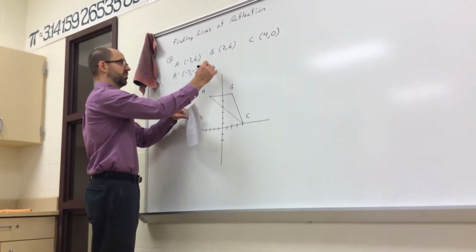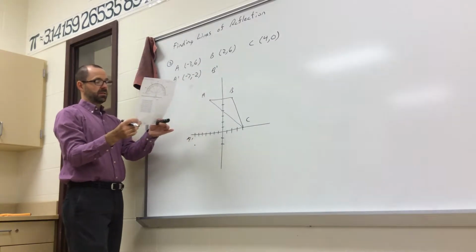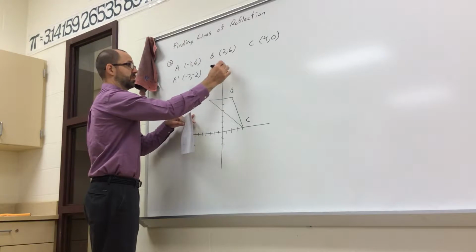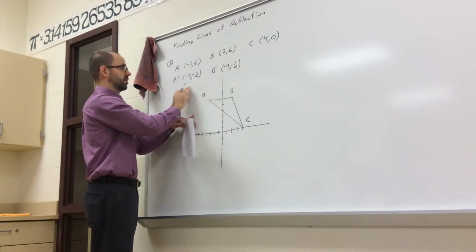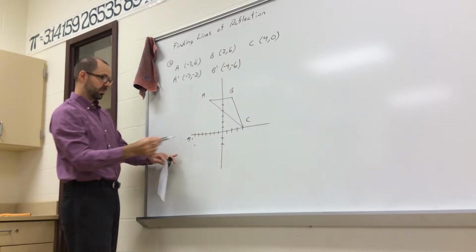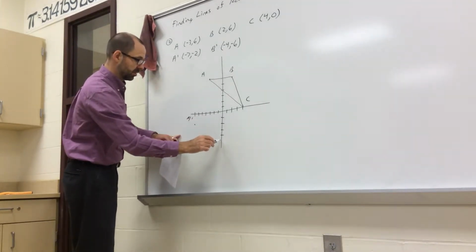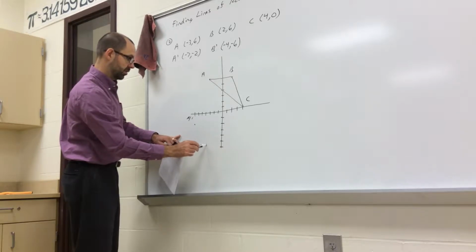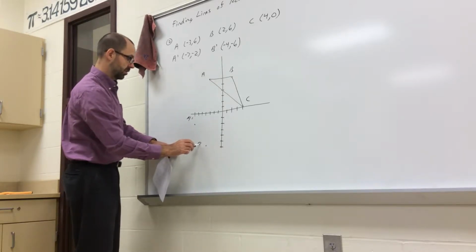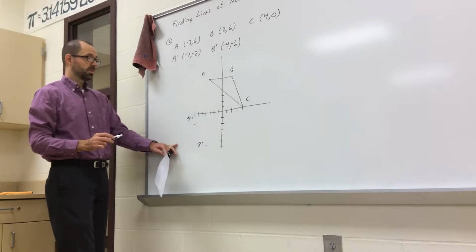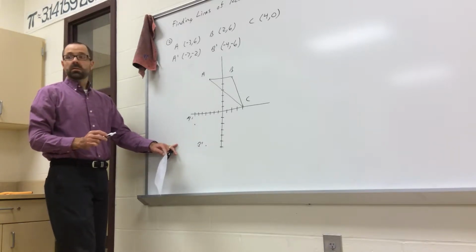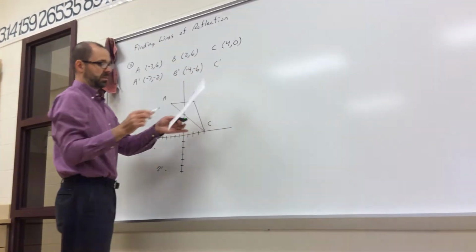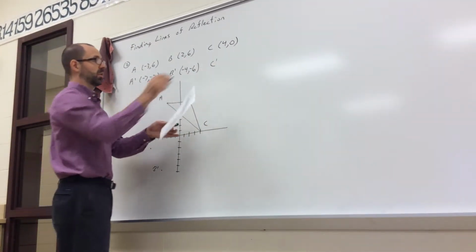And then the image point for B is negative 4, negative 6. And then the image point for C is 2, negative 4.